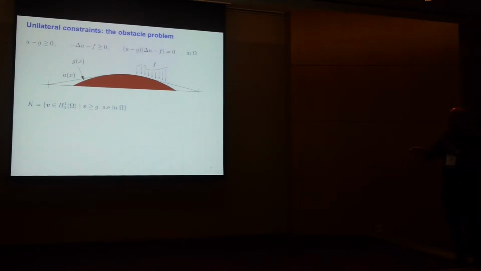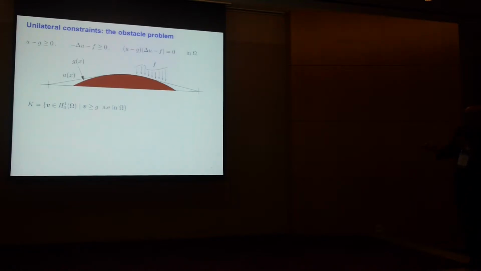Because of the obstacle, whichever way it deforms, it has to be such that this inequality is satisfied. In other words, u, the displacement, has to be greater than or equal to the function g of x that describes the obstacle. And furthermore, this term on the left-hand side represents the net force. So the Laplacian of u, the internal force, and F will be the external force.